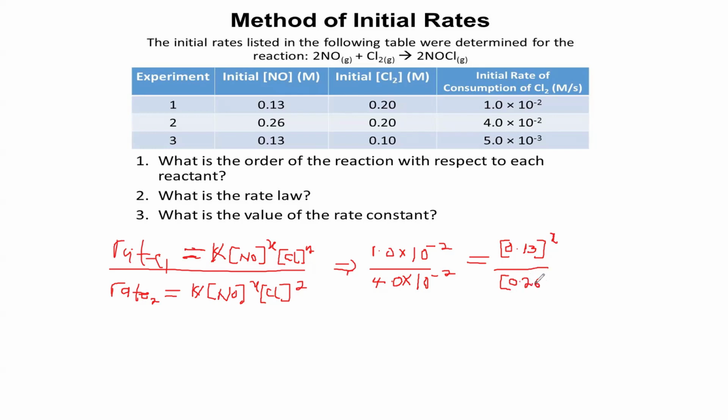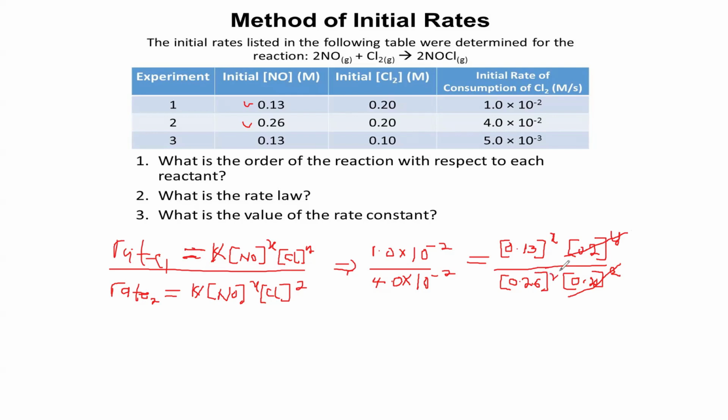Which is 0.26. And for the chlorine we have 0.2 for experiment 1, and another 0.2 for experiment 2, both to the power Y. Since these are the same, they cancel each other.